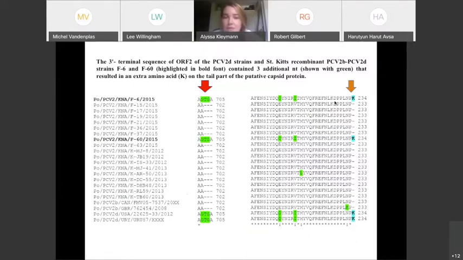Now, this additional extra amino acid is believed to help PCV2D strains bind more efficiently to the host cell, making PCV2D more virulent than PCV2B.